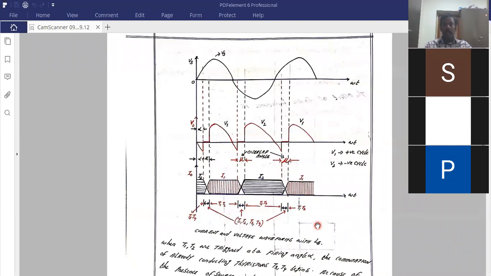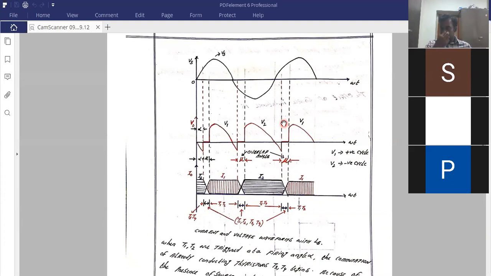Then you may get how these conductions differ. Here this is the supply voltage waveform, the output voltage waveform, and this is the load current, which represents the overlap angle and the conduction of all the pairs of devices.